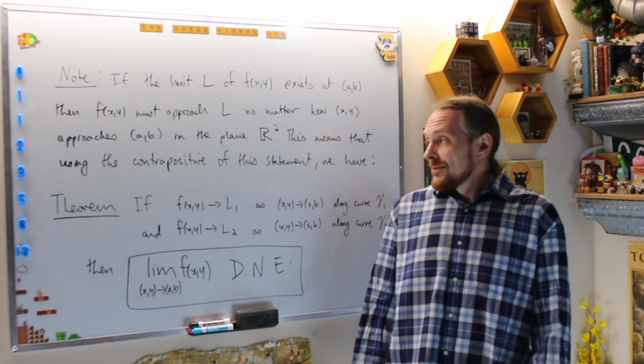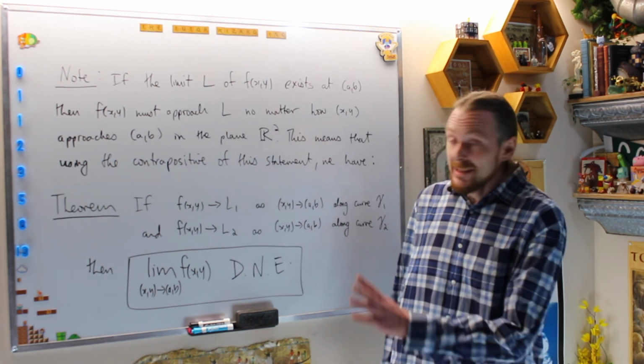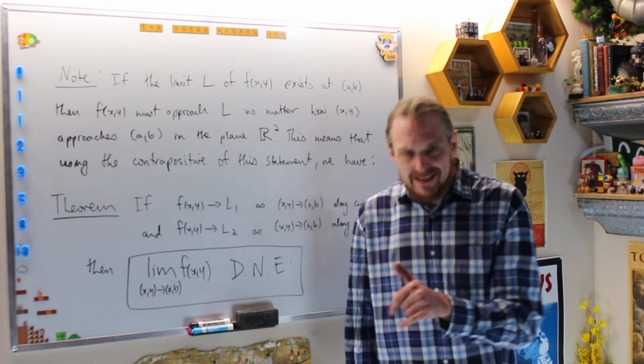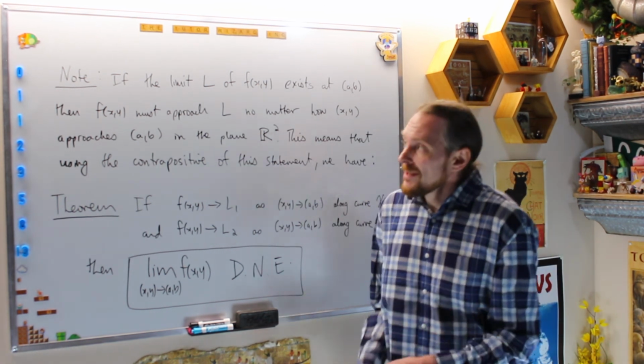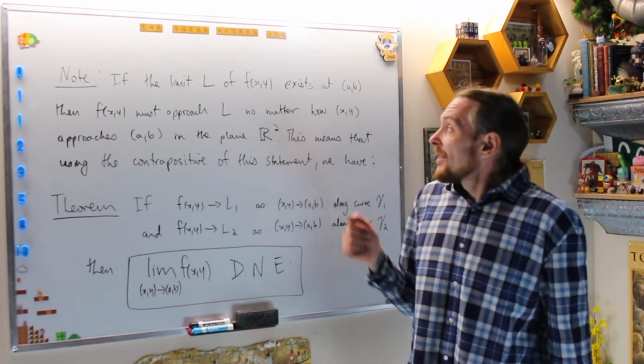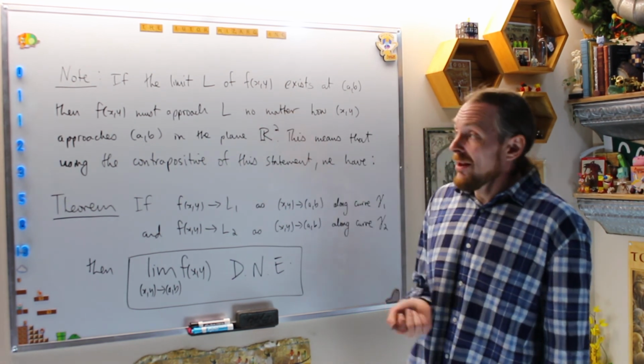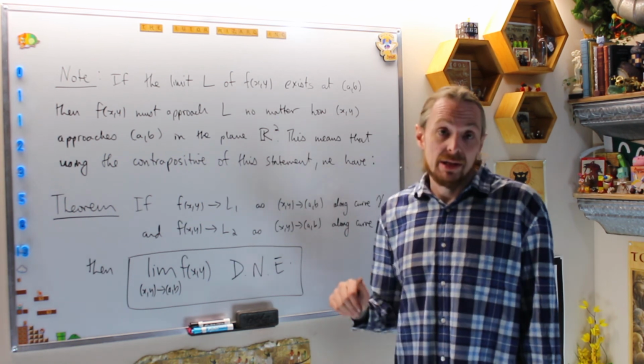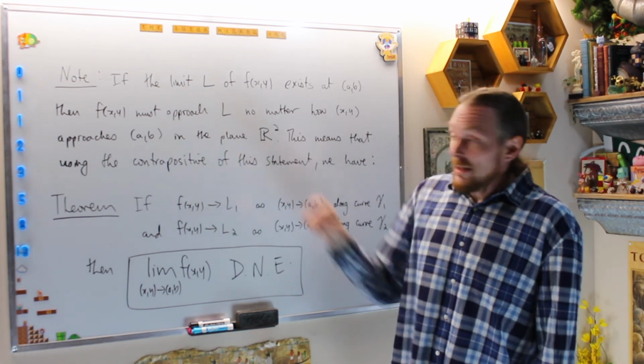Okay, the last thing we need to strategize before we do a couple examples is a really good way of telling when a limit doesn't exist when we approach a value. If the limit of f(x, y) is L, then it must be this value no matter how we approach (a, b) in the plane.